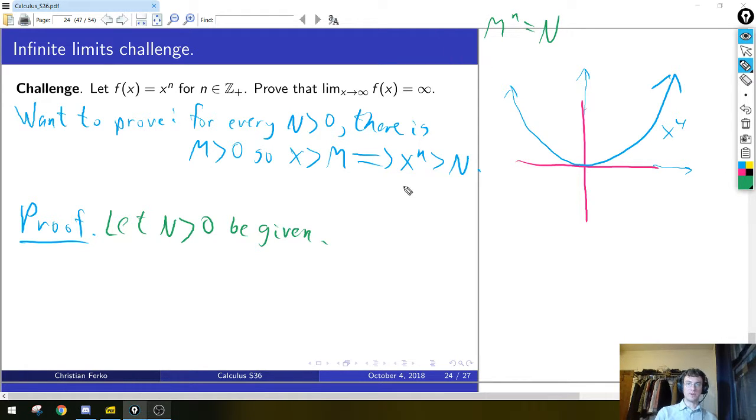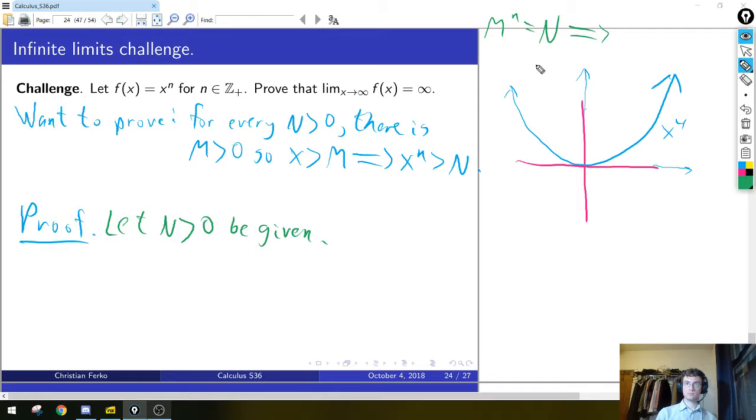When you say work backwards, you're saying, okay, so we want x to the n to be bigger than capital N. So what choices of x would give us that? Yeah, okay, let's do this. So, first step. The equation you just told me, start with m to the n equals capital N. Solve this for m, because we're trying to cook up the m. So what does this get if I solve for m?